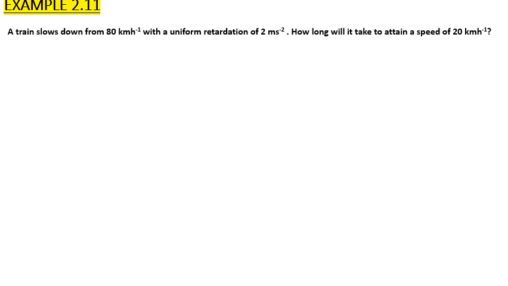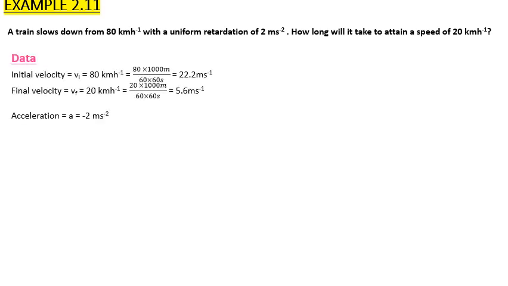Now example 2.11. A train slows down from 80 km per hour with a uniform retardation of 2 meters per second square. How long will it take to attain a speed of 20 km per hour? So in this statement we have a train which is moving with an initial velocity of 80 km per hour, and it has a uniform retardation.